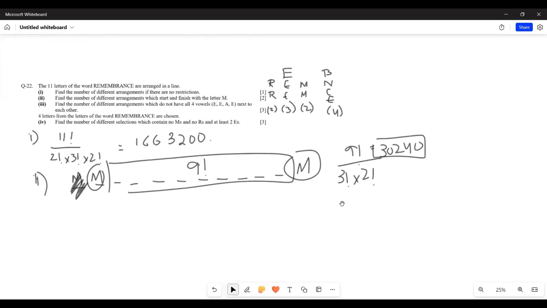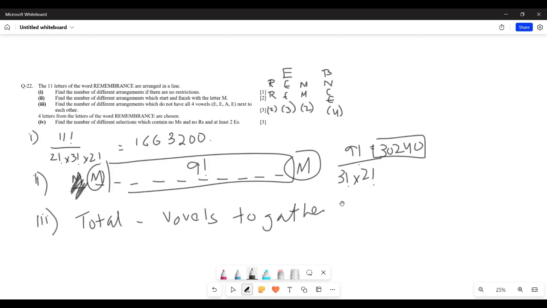Part 3, find the number of different arrangements which do not have all four vowels next to each other. So I'm going to say total minus vowels are next to each other. Okay.